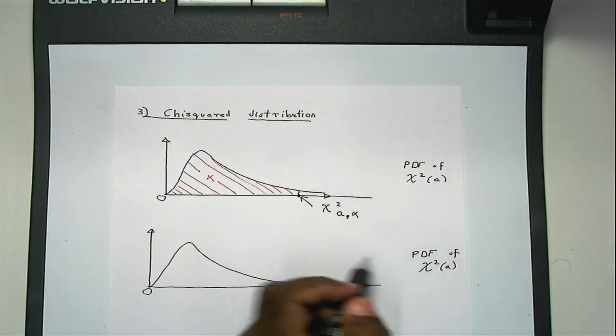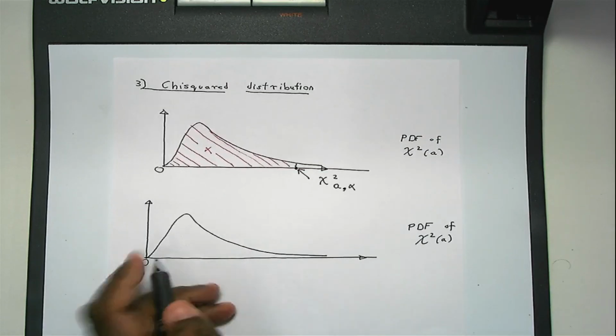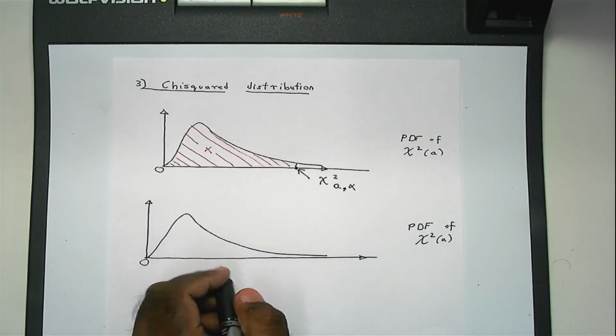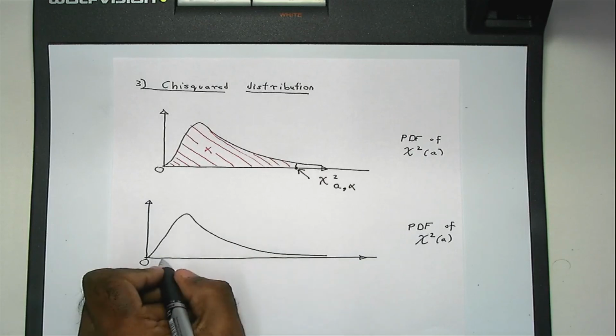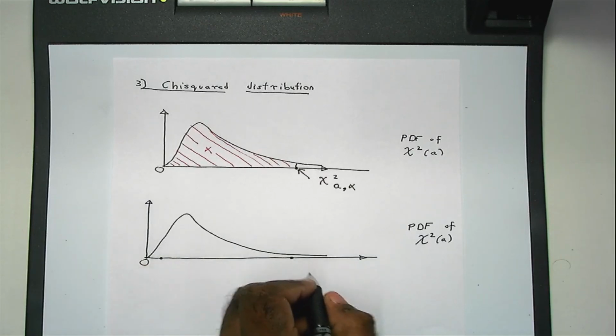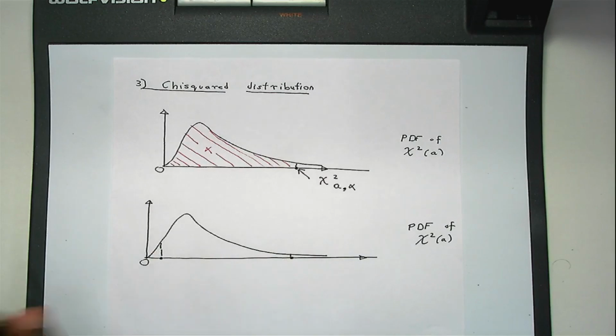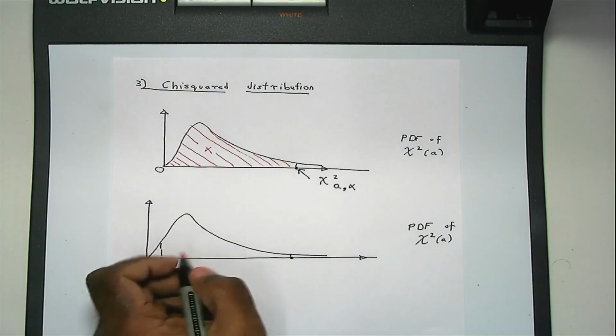Sometimes you may want to have more than one point. So suppose you have, say, one here, and the area between these two is 1 minus alpha.